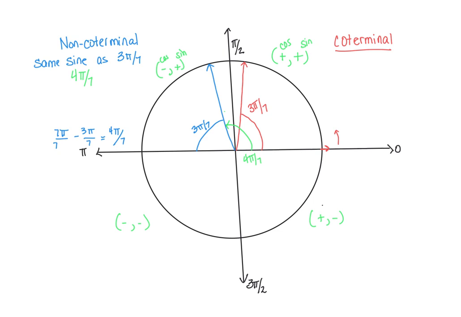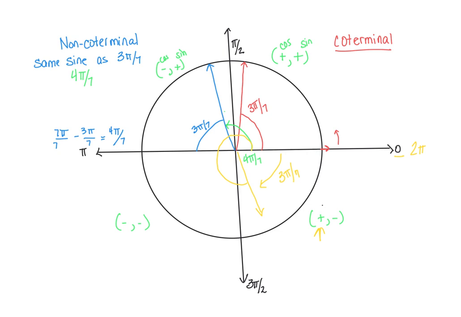So if I start back at the beginning and go all the way around and stop 3 pi over 7 away from my x-axis, this will give me the same cosine value as 3 pi over 7.